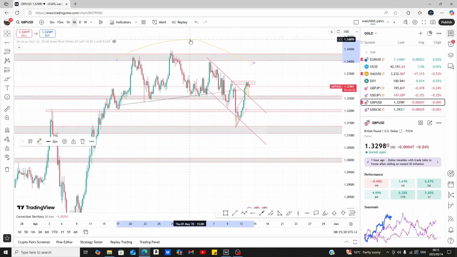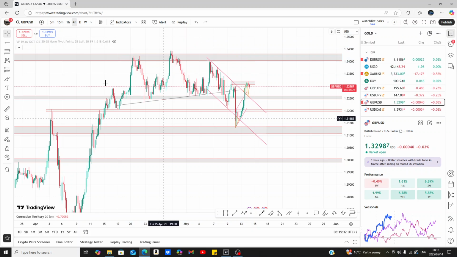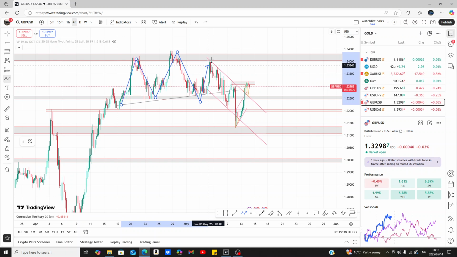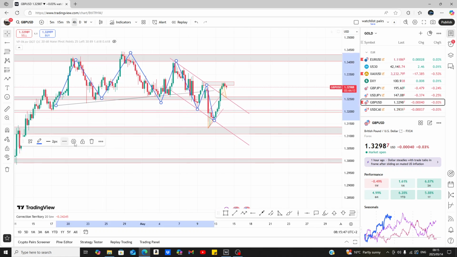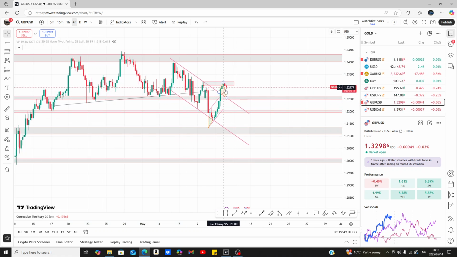So now what we need to look at is entry criteria. Previously we had bearish signs here, head and shoulders, price broke to the downside, kind of in a downtrend. But what we see here now is that price has broken out of this structure right here.